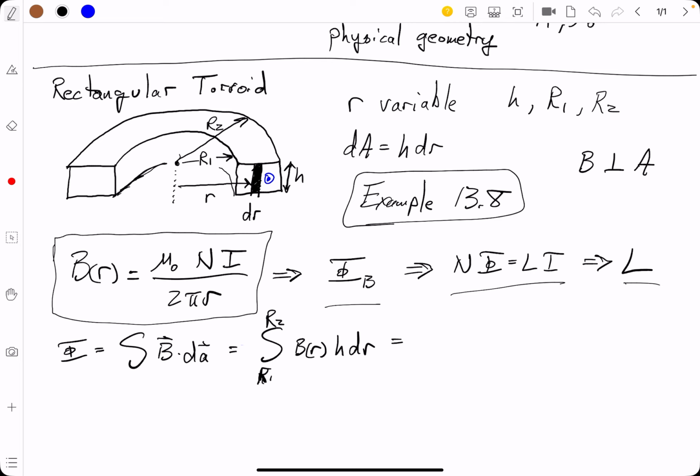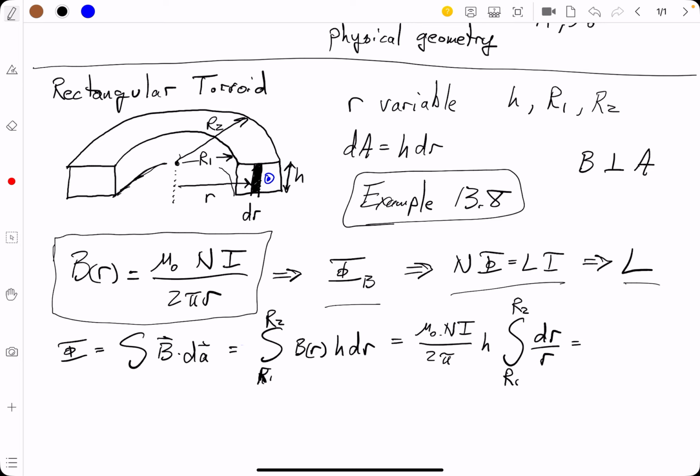And now we can pull out a lot of stuff, right? We've got our mu naught N i over 2 pi. All that stuff hangs out front. We've also got an H we can pull out front. I think that's it. And let's go from R1 to R2. And we've got dr over r.